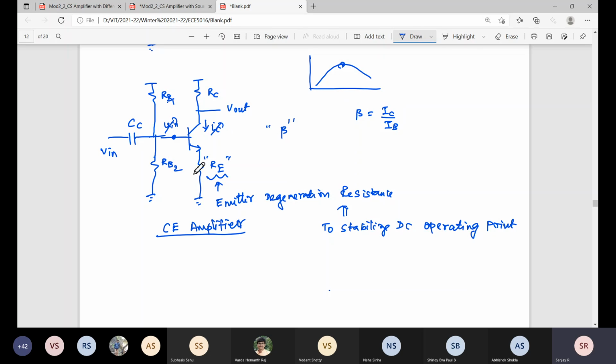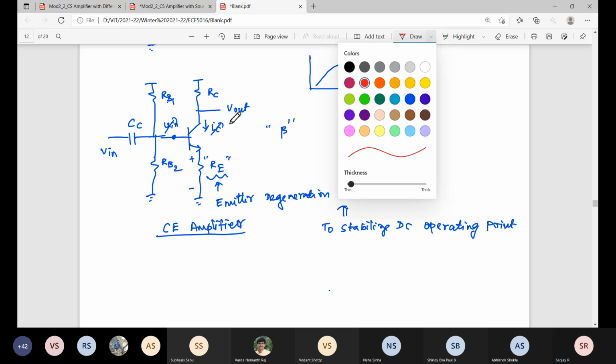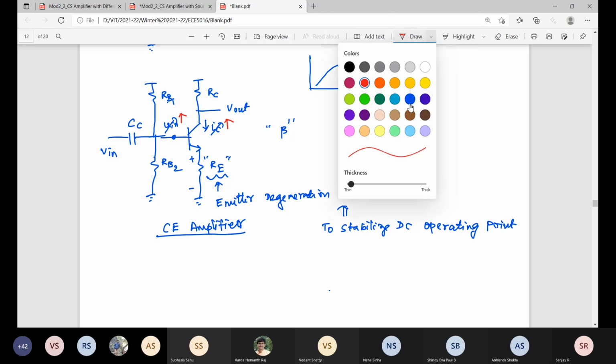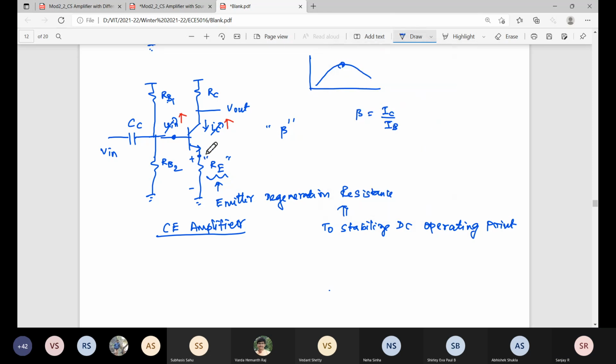If collector current increases, will the voltage across the emitter increase or decrease? Vin increases, collector current increases. What is the emitter voltage? IE into RE. It will increase or decrease? Increase.